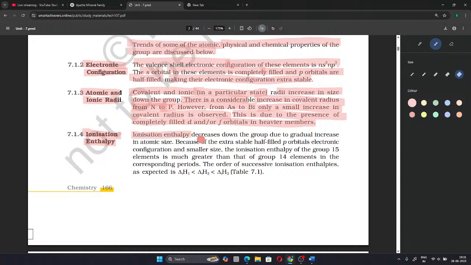Ionization enthalpy decreases down the group due to increase in atomic size, and because of the extra stable half-filled p orbital electronic configuration and smaller size.